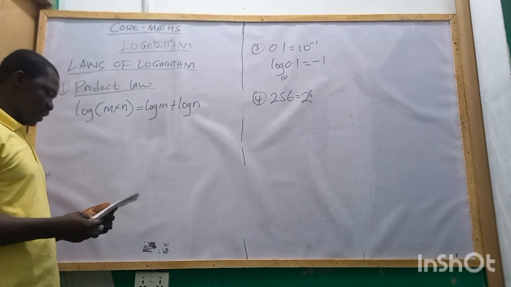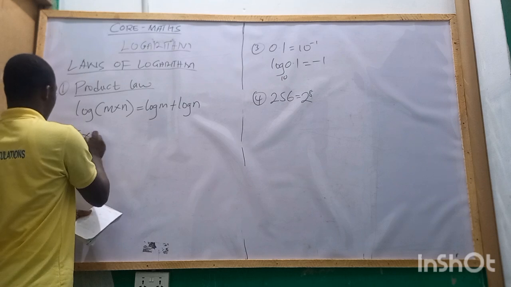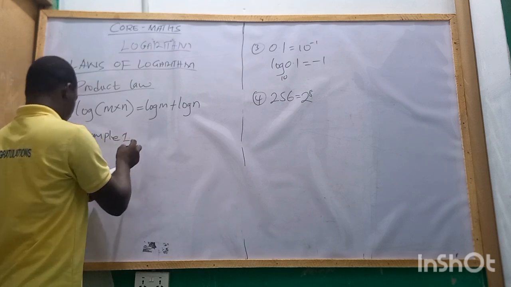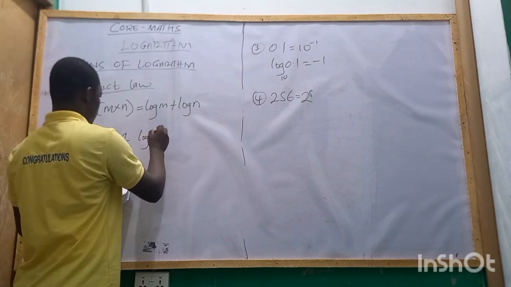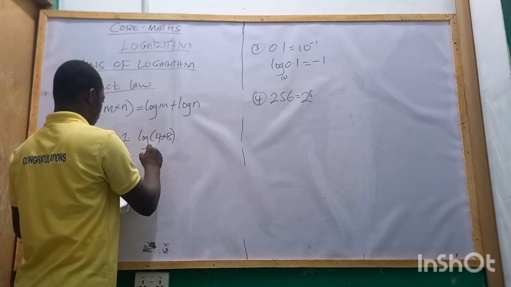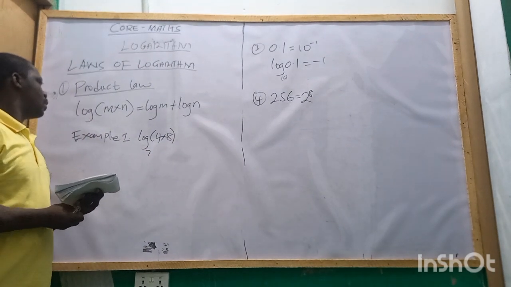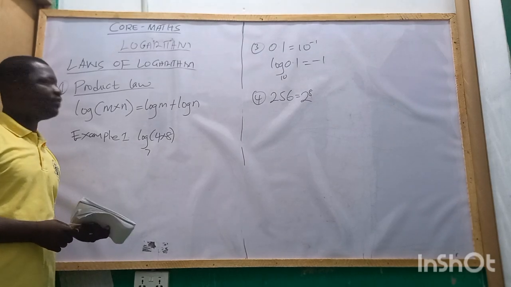So let's look at some examples. I have log of 4 times 8 to the base 7.